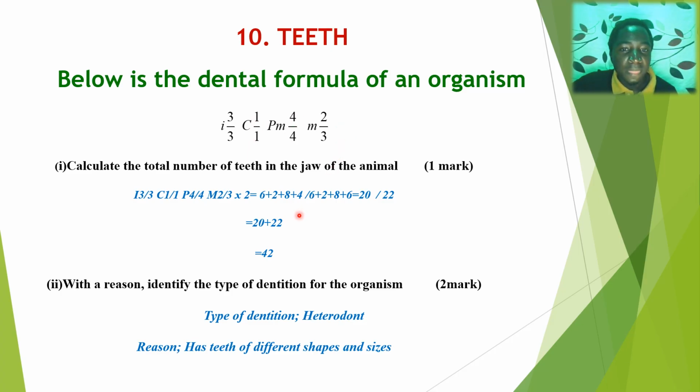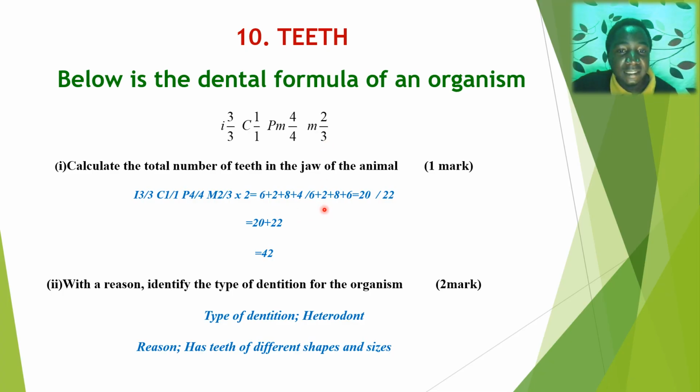What do we get? We get 6 plus 2 plus 8 plus 4. This is the numerator, which totals to 20. Let's go to the denominator. You multiply 3 by 2, 2 by 1, 4 by 2, and then 3 by 2. What do you get?